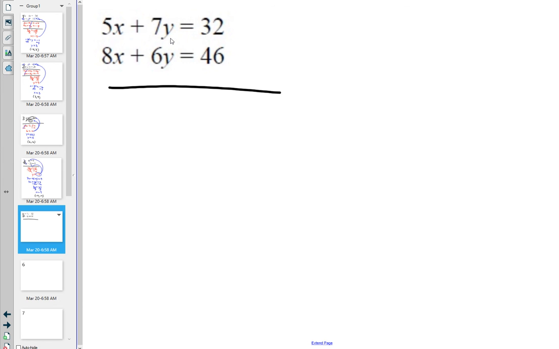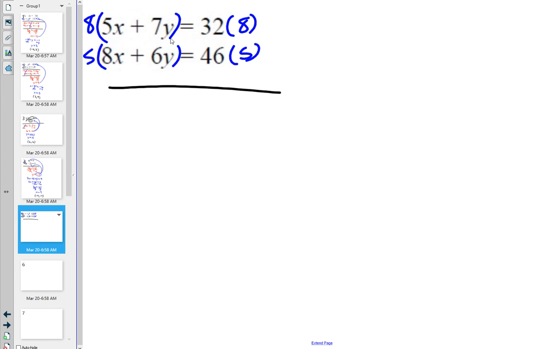So just pick one. I'll just assume most people pick the x's. So I will multiply the top by 8 and the bottom by 5. But wait, Mr. Romero, that's wrong. If I only multiply the top by 8 and the bottom by 5, what's going to still be wrong?